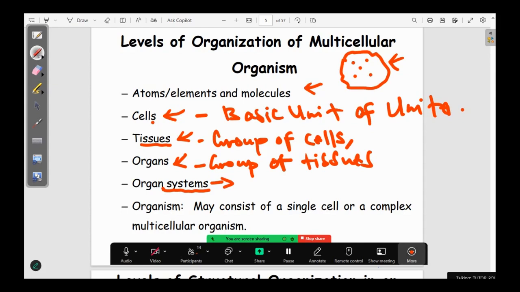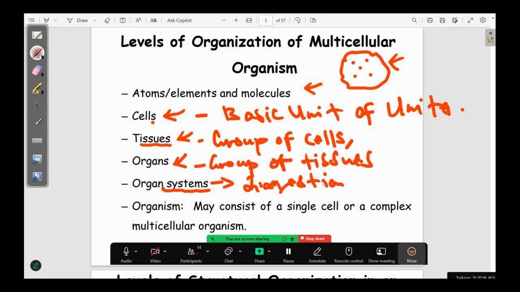All those organs combine to form a system, the organ system. And when you combine these organ systems, they form what we call an organism.